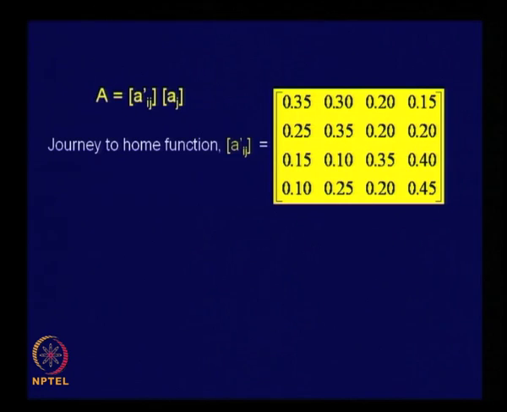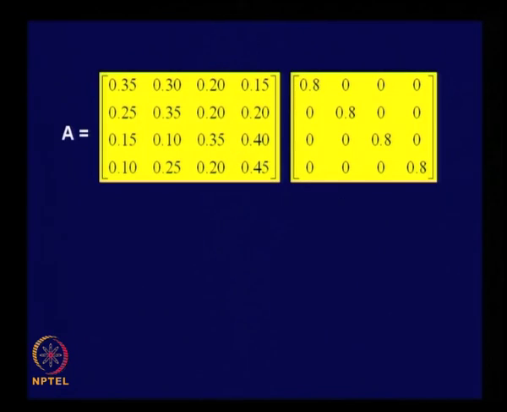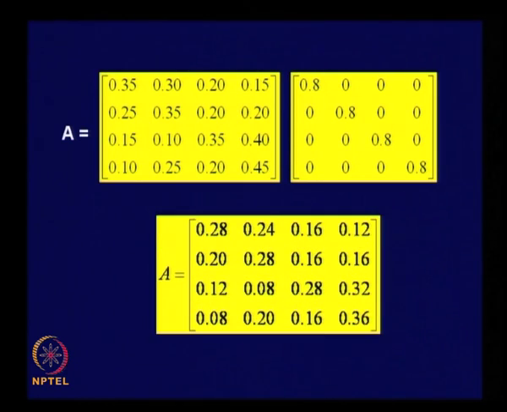A dash ij value is this, given to us, Aj value is this, and the product of these two. So, we are multiplying a 4 by 4 matrix by another 4 by 4 matrix. So, the condition is satisfied, is it not? Satisfied or not? Satisfied. So, we can multiply and we can get the result as shown here.